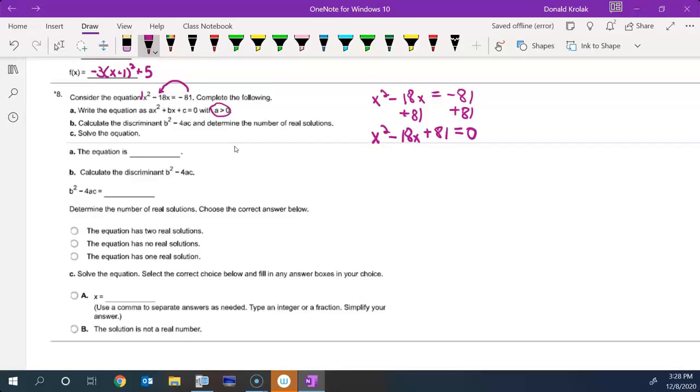Now, calculate the discriminant. My discriminant is going to be b squared minus 4ac. So b is negative 18 squared minus 4 times a, which is 1, times c, which is 81.